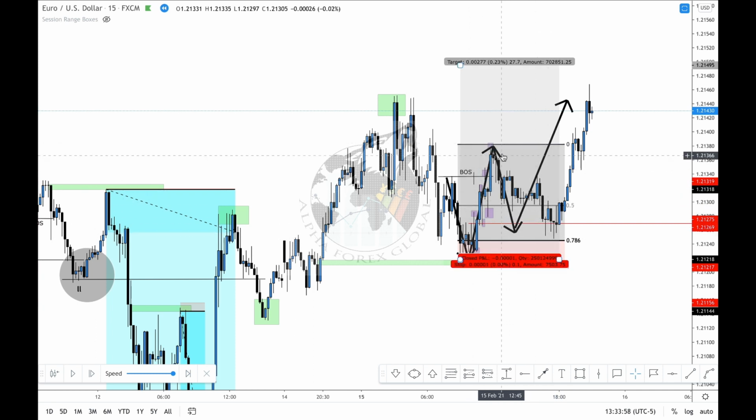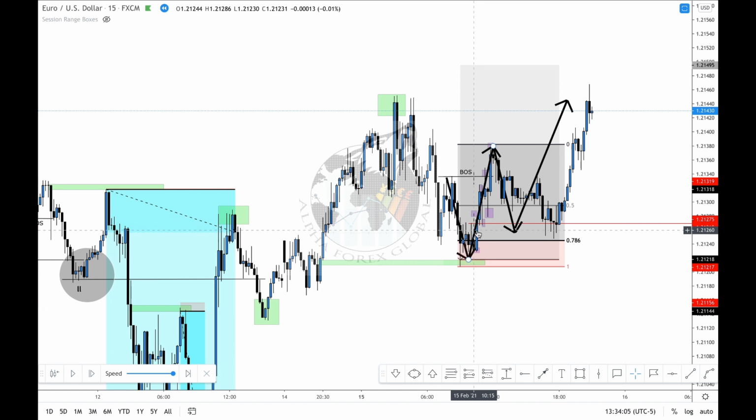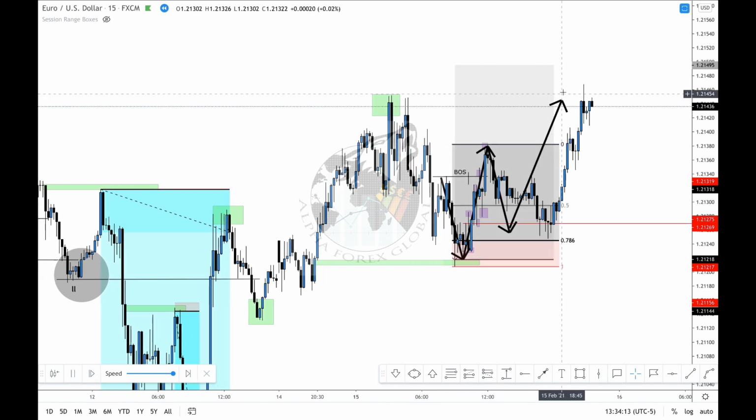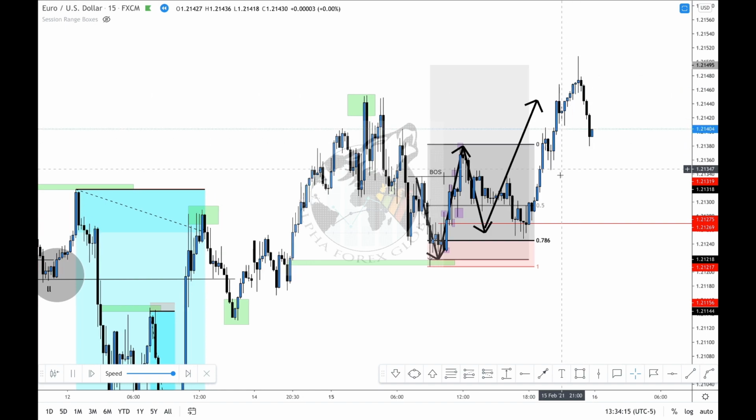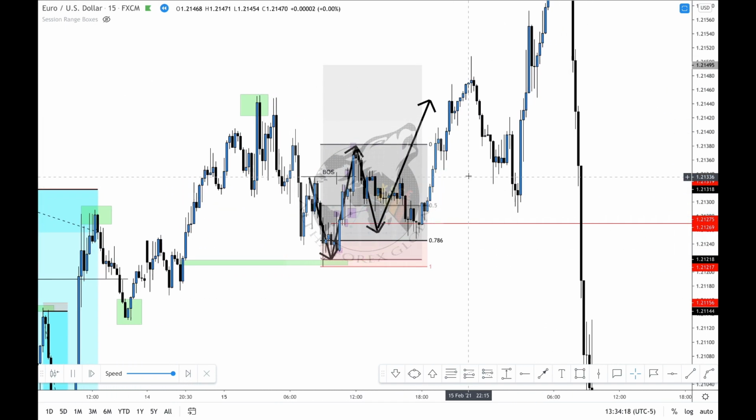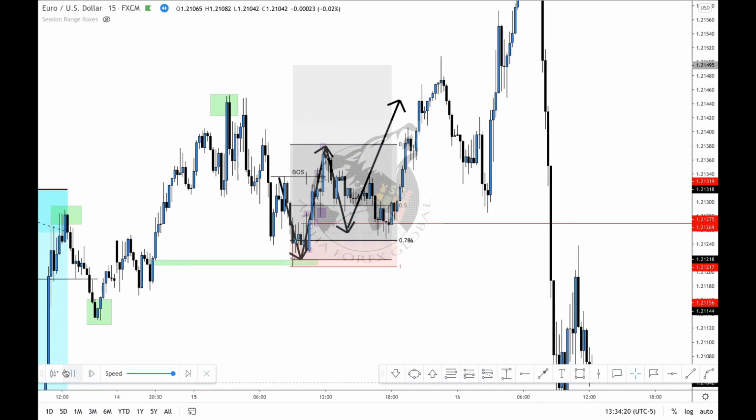So if you caught a sell here, you must know that you have to get out before the market reaches the discounted price, or get out within discounted price, because this is a 15-minute uptrend, right? So you would have lost this nice trade because you managed the trade on the wrong time frame, right?